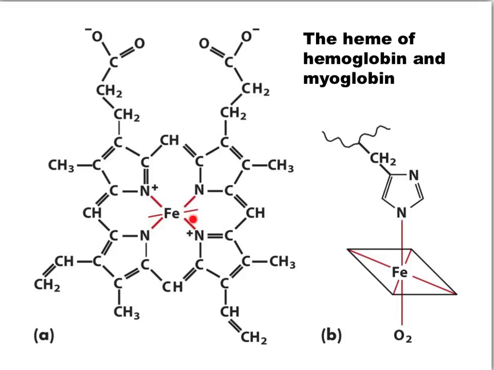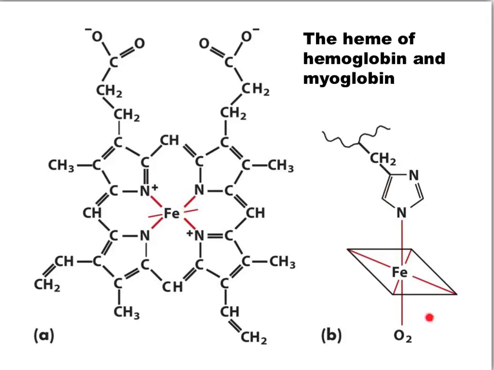This is the structure of a heme that is part of myoglobin and hemoglobin, which is necessary for the transport of oxygen. This heme is connected to the proteic part, where we have the polypeptide, via only one amino acid called the proximal histidine. This is the iron center.